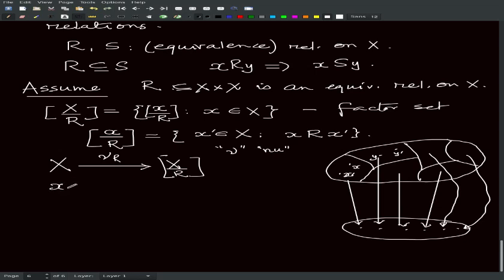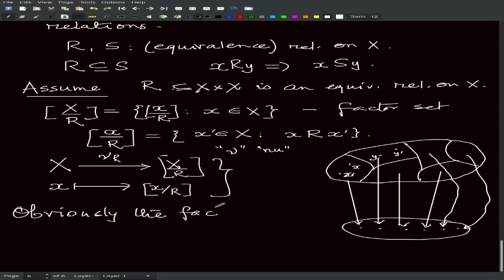So it goes to this equivalence relation, equivalence class. Okay. Obviously, this is surjective. This is called the factor map. The factor map.